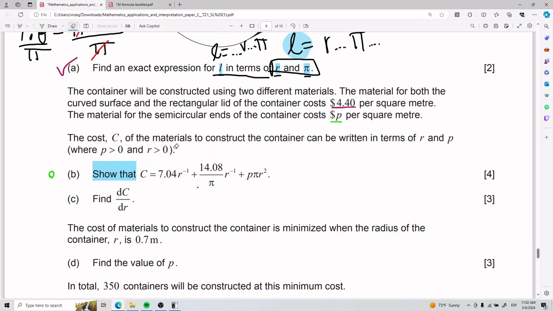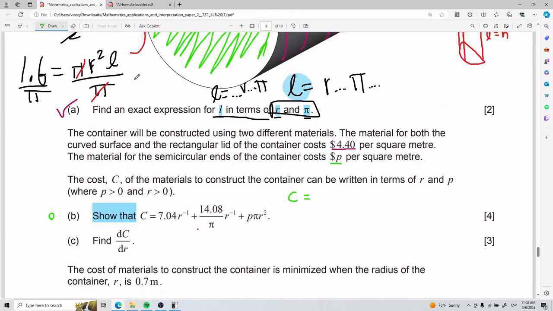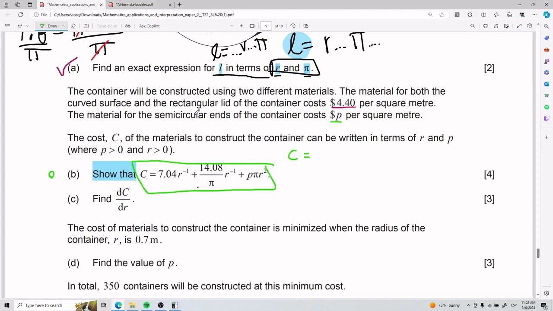And it can also be a hint for how you need to build it or construct it. But basically, you need to reach this. So start from C and try to construct yourself the cost of all these curved surfaces to find this C here. That is the big challenge.